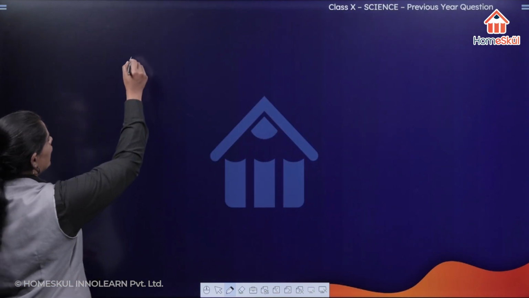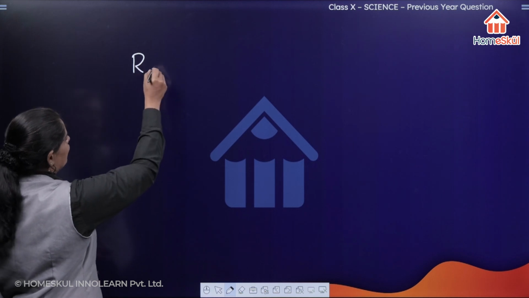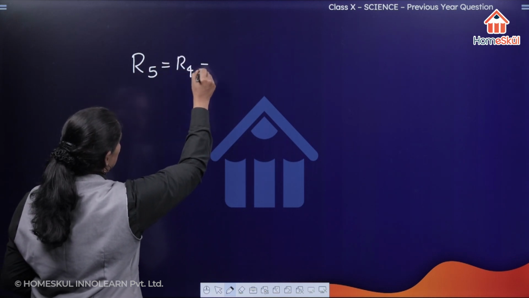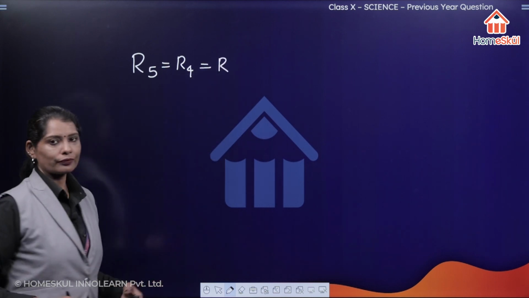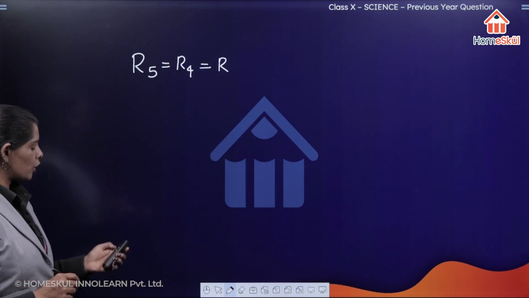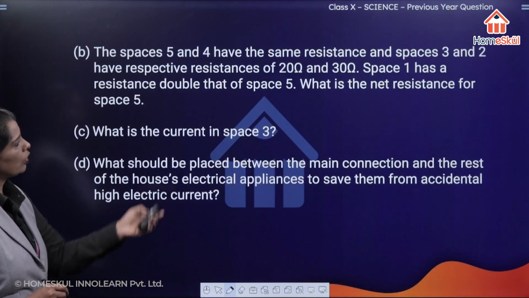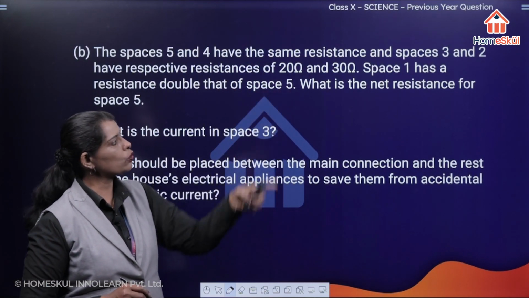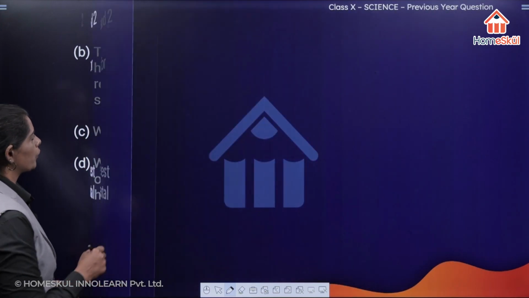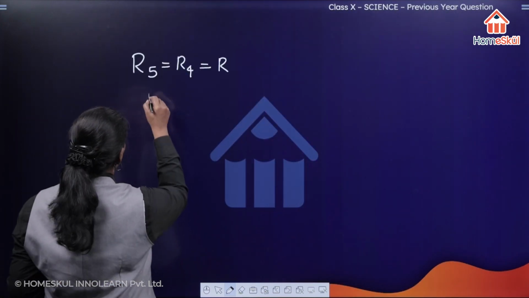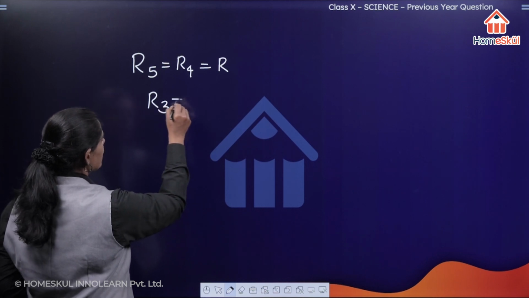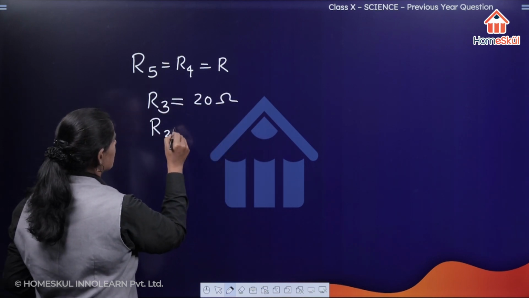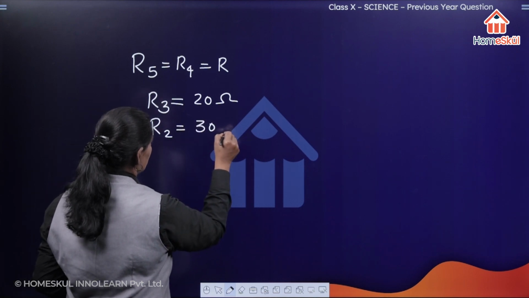So, what is given? Let's consider the resistance for space 5 and space 4, which is given to be equal, as R. Now, what about space 3 and space 2? We have space 3 with a resistance of 20 ohm, and space 2 has a resistance of 30 ohm.